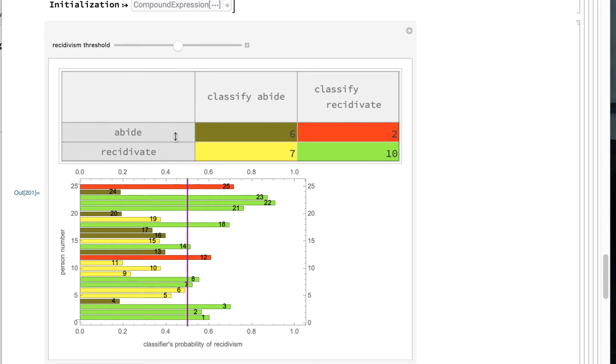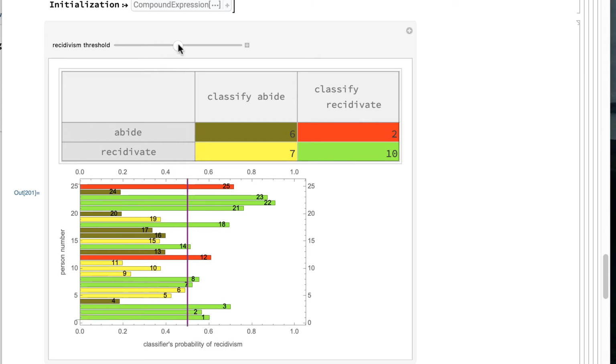I've set the threshold, and I've color-coded them according to both what they really end up doing and what our classifier predicts. The default on person 1 was about 0.60, and in fact, they do recidivate, and we say they're going to recidivate because they're over the threshold.